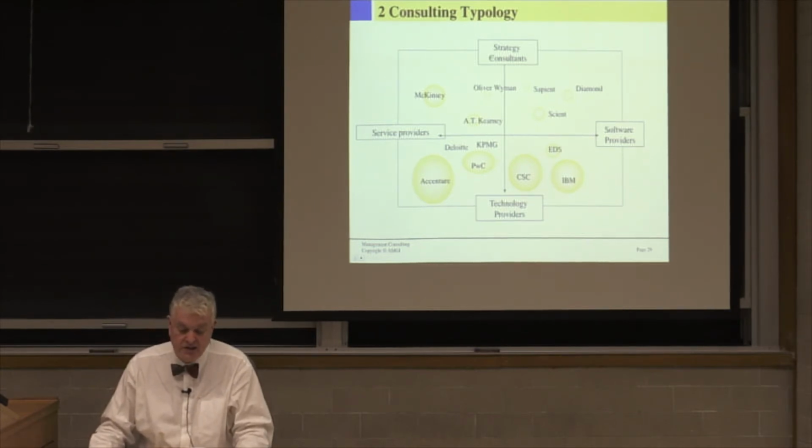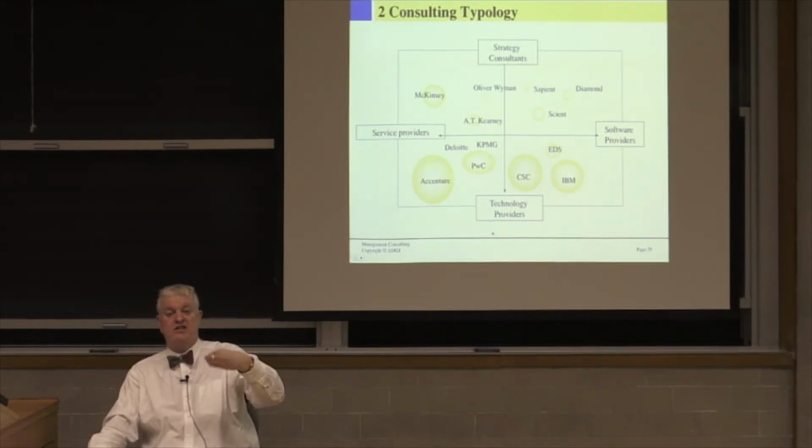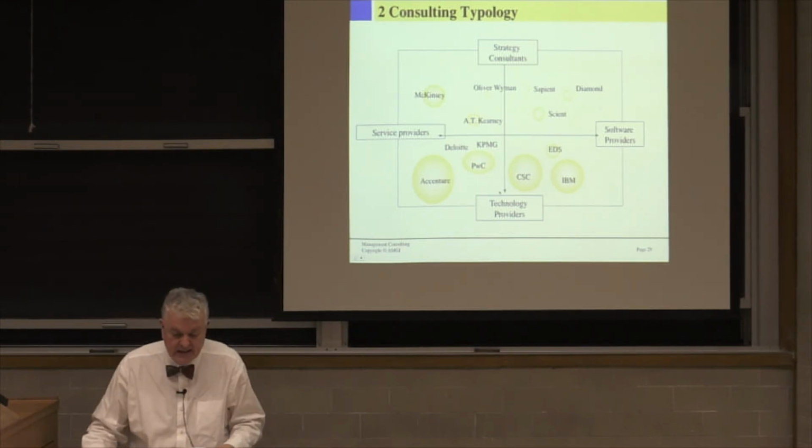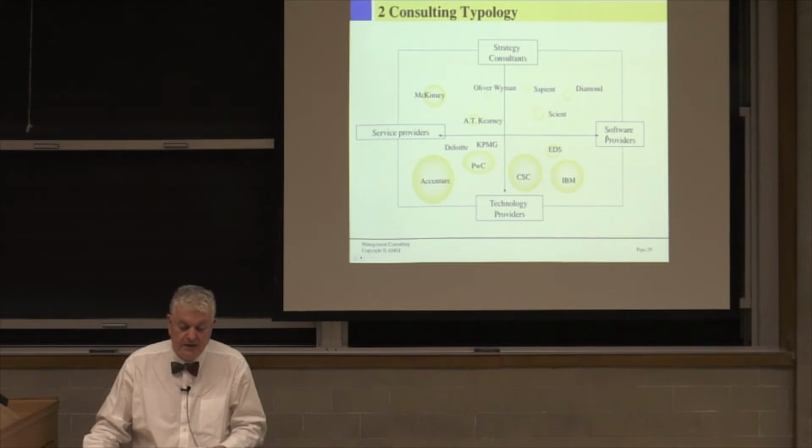And then strategy consultants. Now, technology providers as well, they sell both the technology, the software, and the consulting. But typically, you're looking at software companies which are providing software for strategy work.